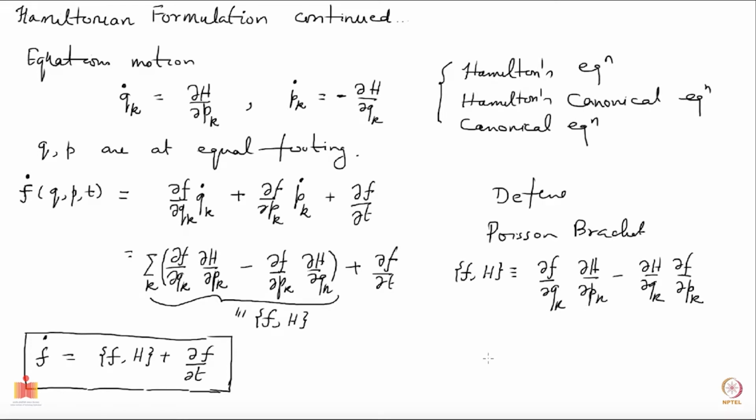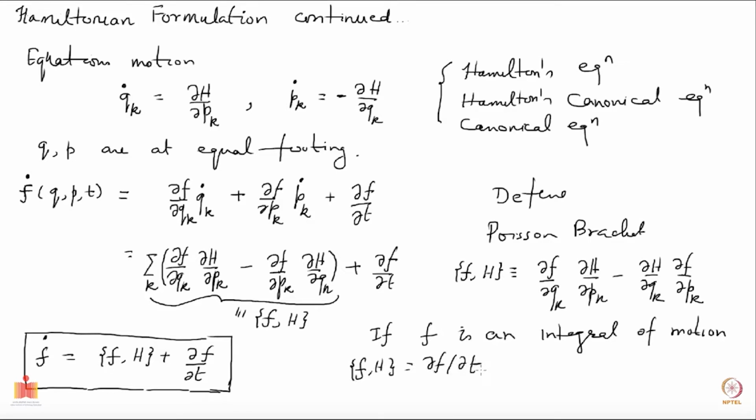Now if your f is a conserved quantity, meaning if it is an integral of motion, then your f dot is 0. So if f is an integral of motion, that is df over dt is 0, then you get f Poisson bracket H to be minus the partial derivative of f with respect to time.